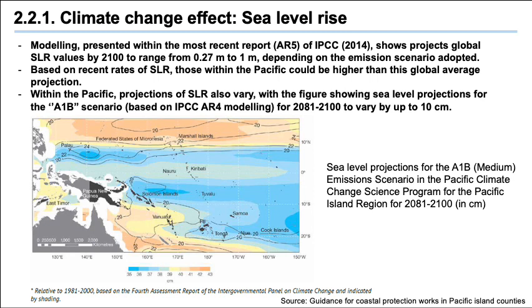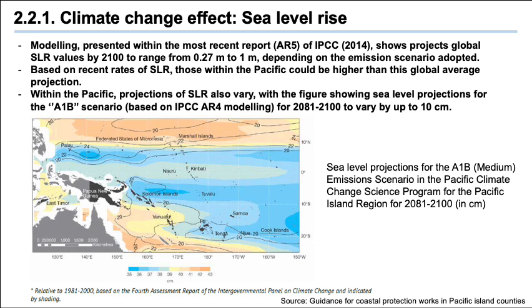Modeling presented within the most recent report AR5 of IPCC shows projected global sea level rise value by 2100 to range from 0.27 meter to 1 meter depending on the emission scenario adopted. Based on the recent rates of sea level rise, those within the Pacific could be higher than this global average projection.